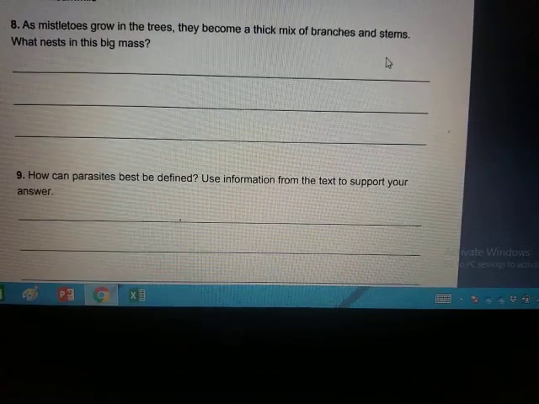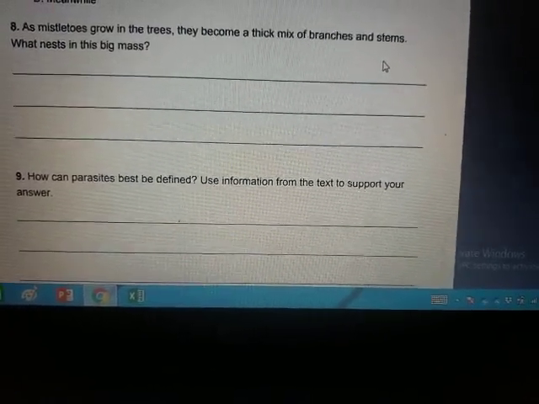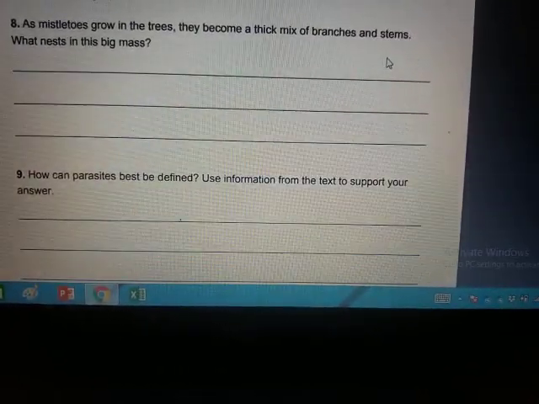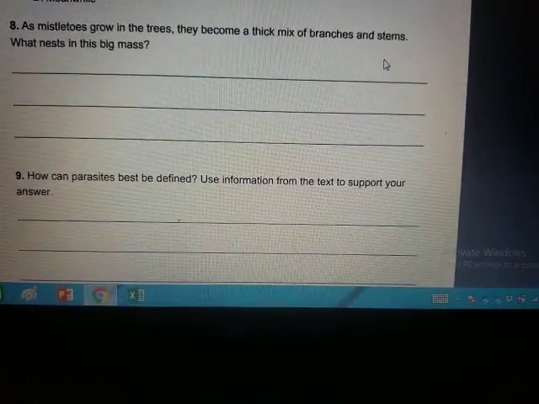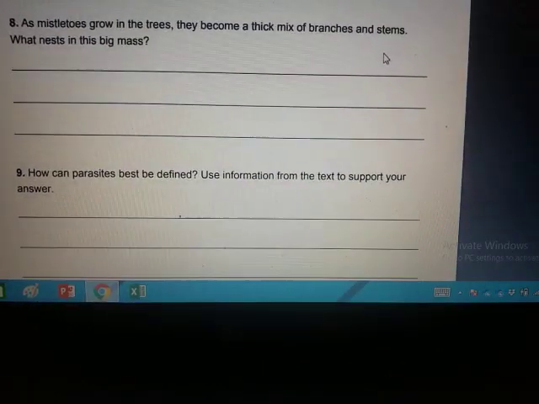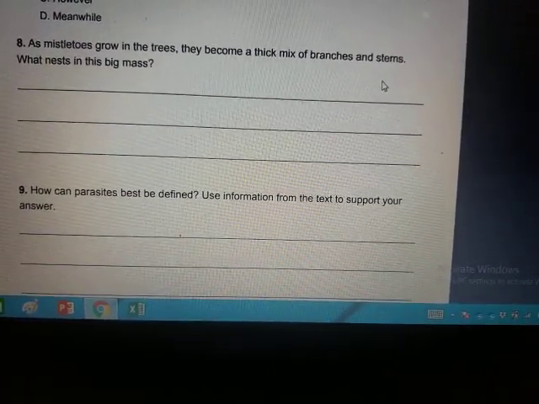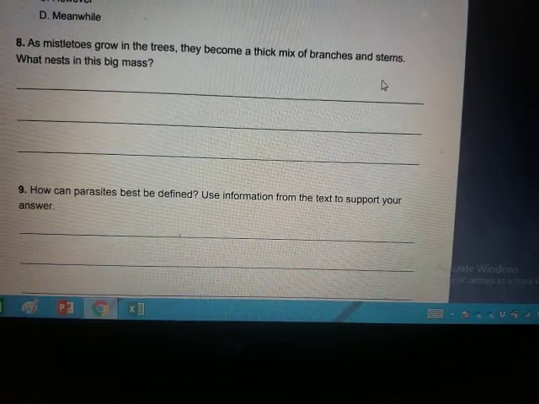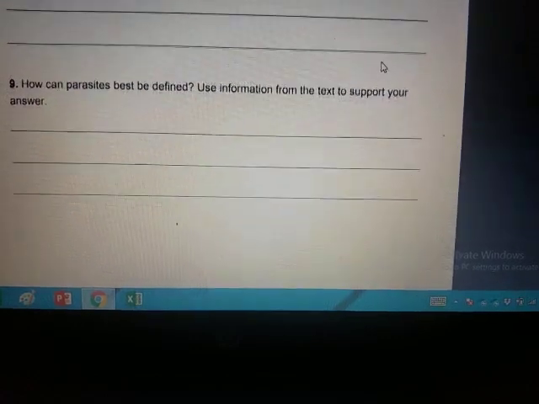So in the story, it tells you what certain animals like to make their own nests in those branches. So tell me, there were 3 animals that like to make a nest inside the witch's brooms, the thick branches and stems. So you would tell me in a full complete sentence the nests that live in the big masses are, and tell me the 3 animals.